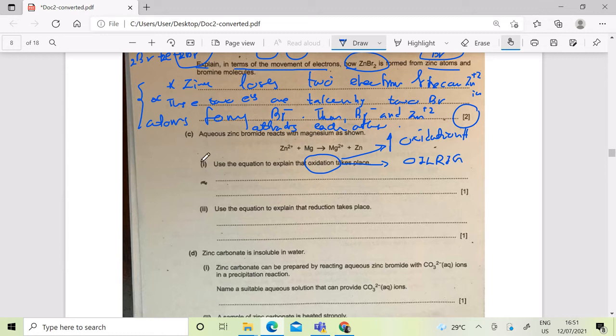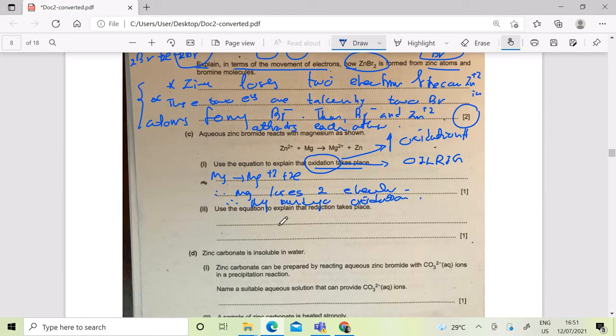You see what has happened to magnesium. Magnesium became magnesium plus 2 and 2 electrons are removed. So magnesium loses 2 electrons. Therefore magnesium undergoes oxidation because losing electrons is oxidation.